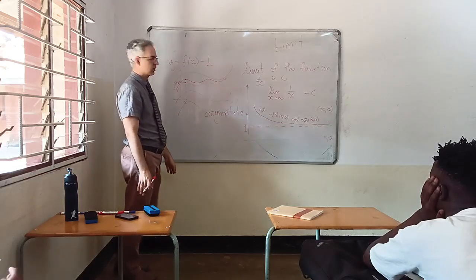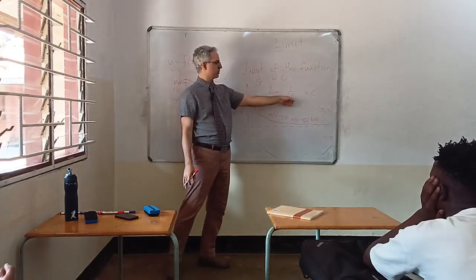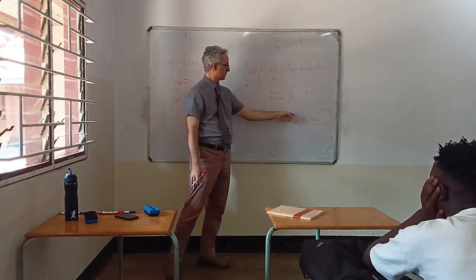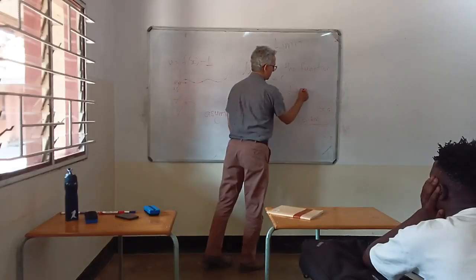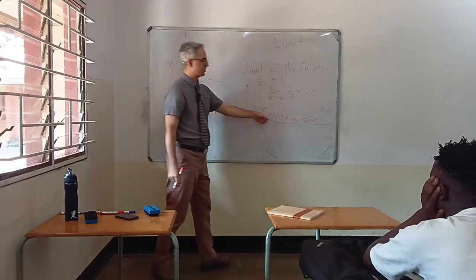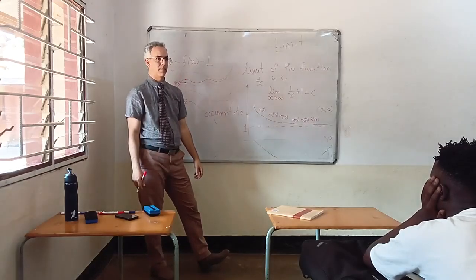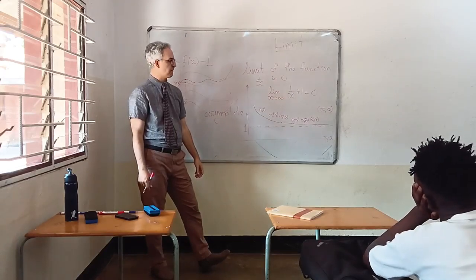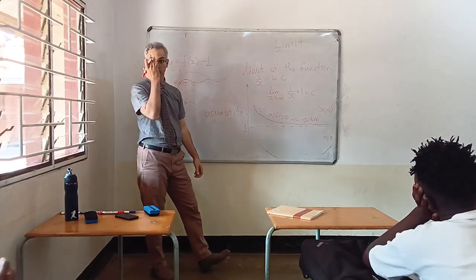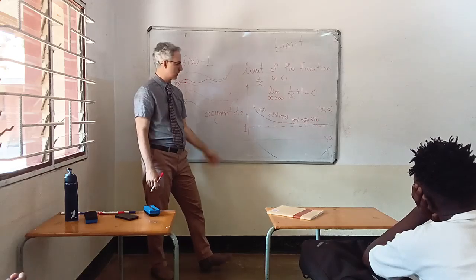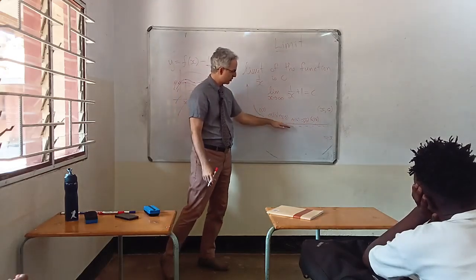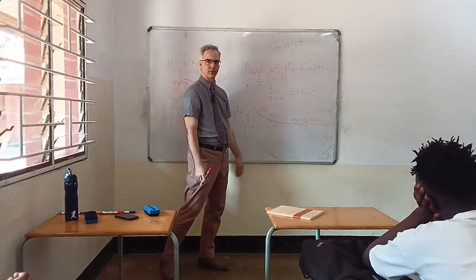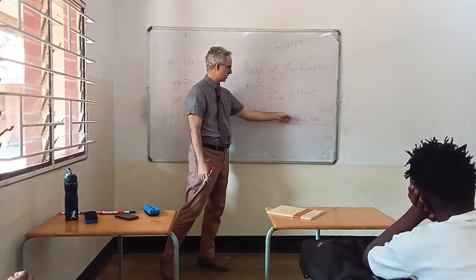Fine? So now if I have a function 1 over x, like this, and I add 1, what happens to my graph? All of the points on the line go up by 1. That's why I added 1 to all of these.